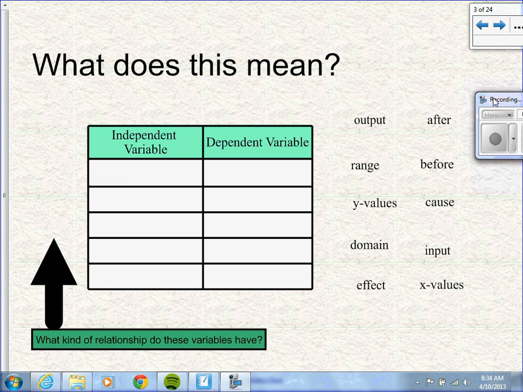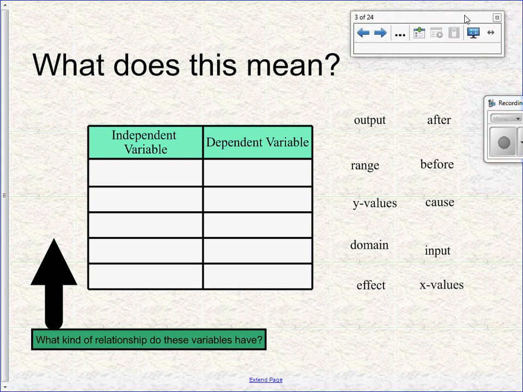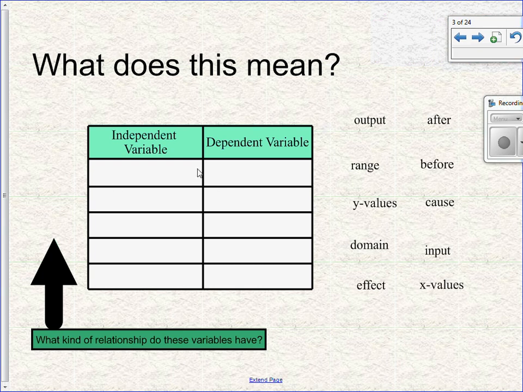So let's take a look at this. Let's try to match some of this as a class. What does it mean, independent variable? Take a look at these words. Which one of these can I select to put into our independent variable column? Domain. Somebody said input.